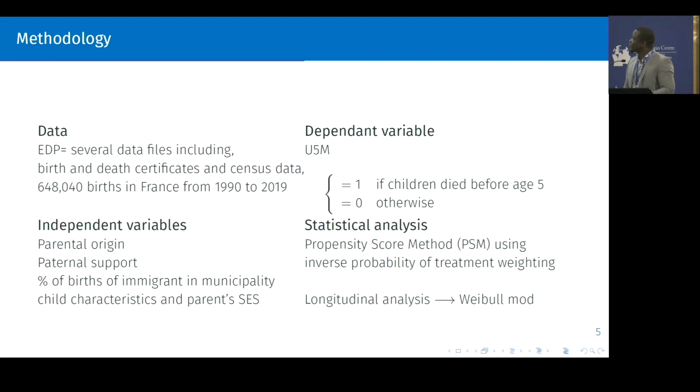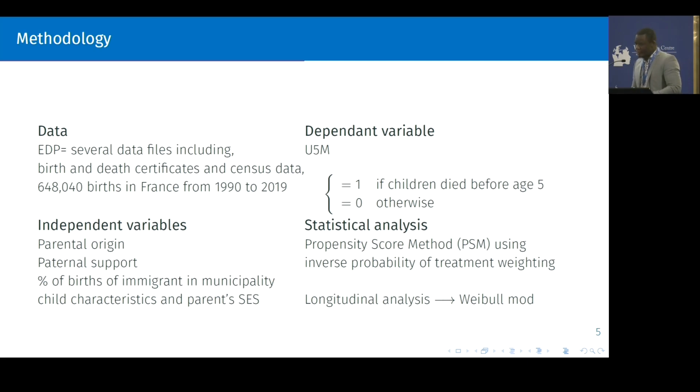The data we use in this work is a set of several data files, including birth and death certificates and census data. It covers more than 600,000 births in France from 1919 to 2019.